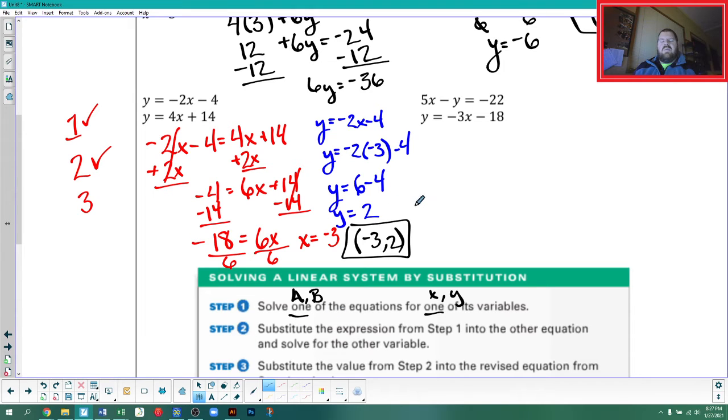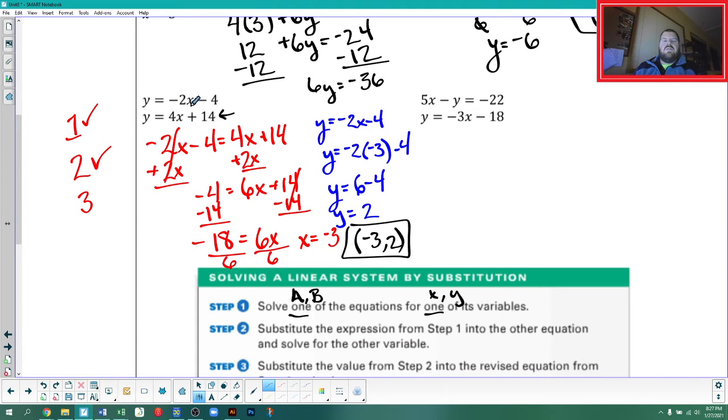I typically won't do step 4 when I do one of these methods. I'm not going to check my answer. Probably not the best idea, I probably should. But really, I already did half of the check right here. I plugged in 3 and I got 2. The real check would be going back to this equation and plugging in my negative 3 for x and seeing if I get 2.